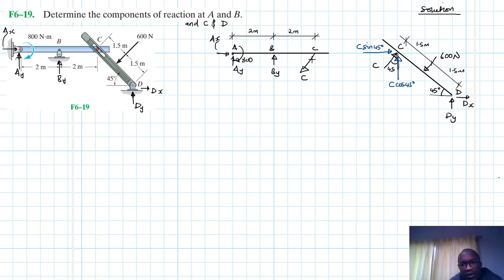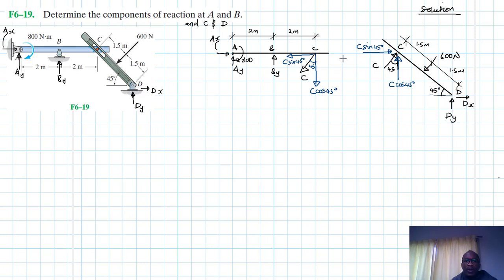If we have these, then we expect components in this direction. This one here is our C sine 45, and then this one here is our C cos 45.